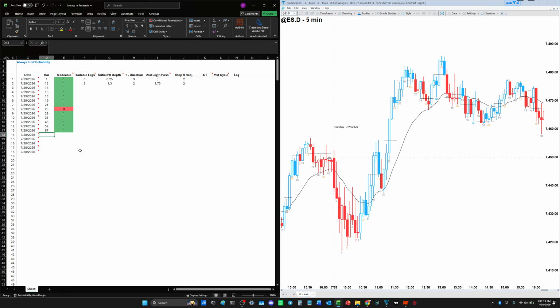And so I'm studying signal changes. So the first, I'm including bar 1, but I'm mainly focused on signal changes. So here's what I'll do. I'll do one day at a time, and this is what I would do for this day on the 28th.